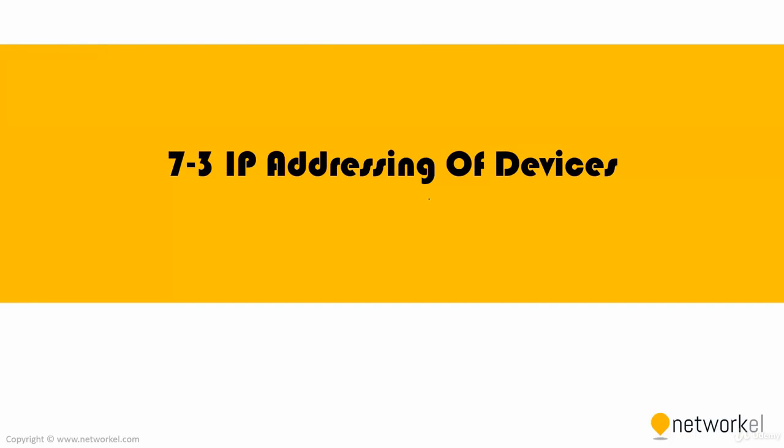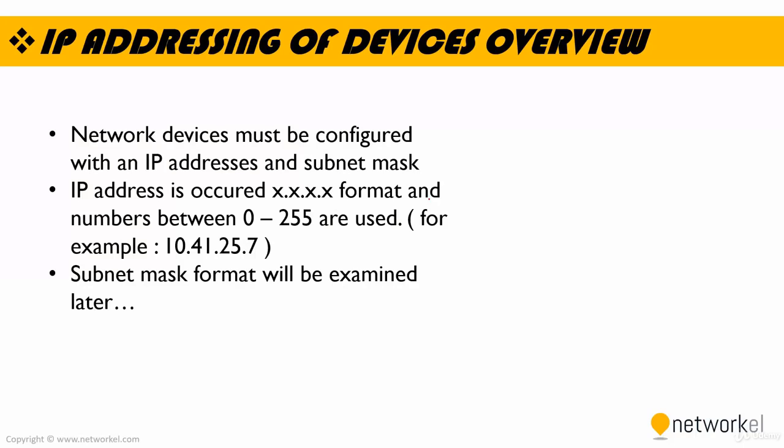In this section, we'll talk about the IP addressing of devices. Network devices must be configured with an IP address and subnet mask. An IP address has a format like this, and numbers between 0 and 255 are used. For example, 10.41.25.7 is an example of an IP address.